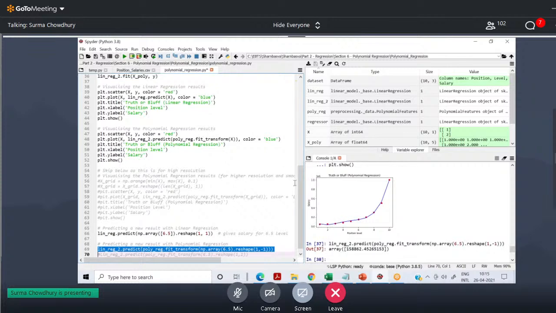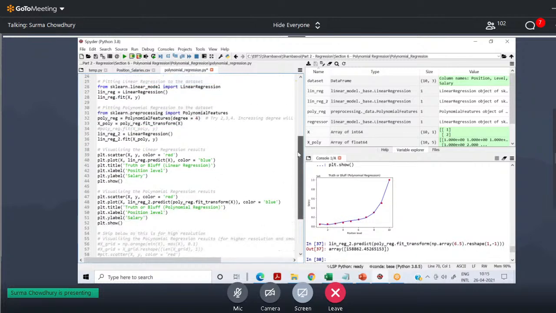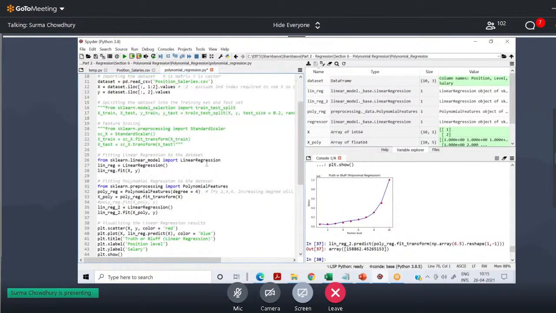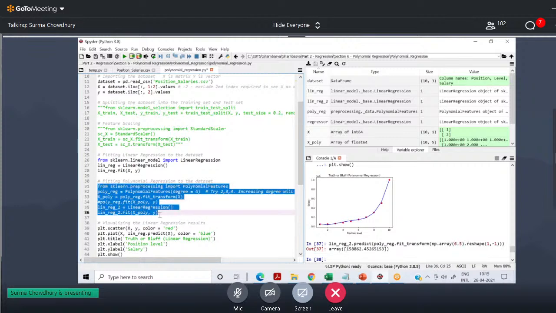So instead of doing the linear regression, I used this code to basically train, to feed this model using polynomial features, which is a class which I use. Using polynomial features, I want to vary the degree of x.